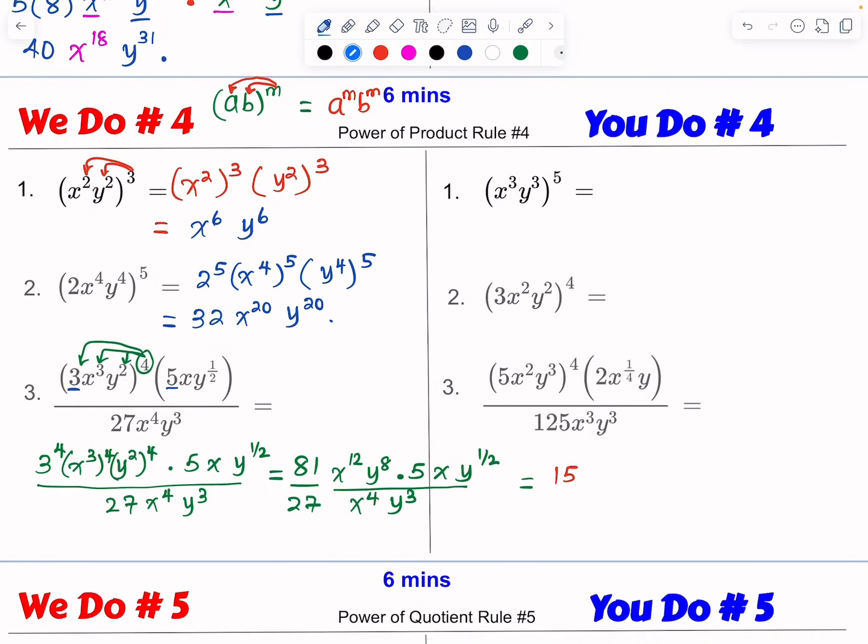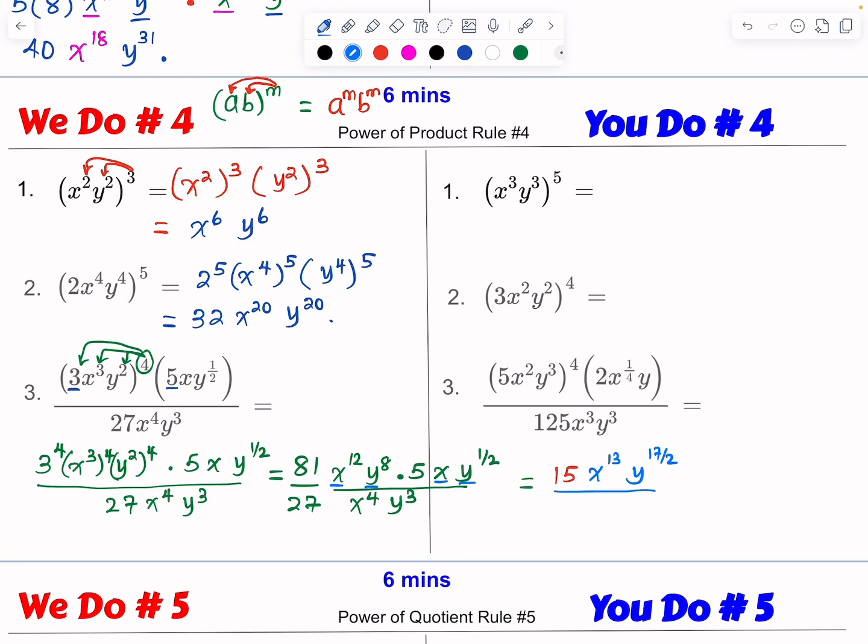On this end, I have x to the power of 12 multiplying x to the power of 1, so that will be x to the power of 13, right? And then I have y to the power of 8 and y to the power of 1/2. If I add 8 plus 1/2, that should give me 8.5, and 8.5 is 17 over 2.